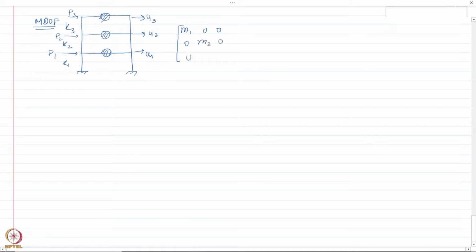M1 0 0, 0 M2 0, and 0 0 M3. So we got this mass matrix.